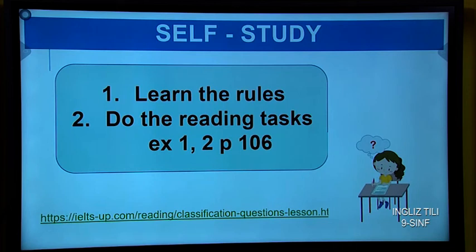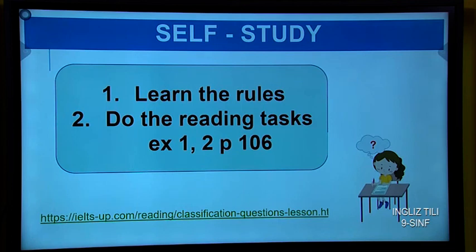It was about scanning and reading strategies, and we also talked about question types. How many question types are there? You are right. Now you should learn by heart all these rules because it will be easy to find all these reading questions and answers.